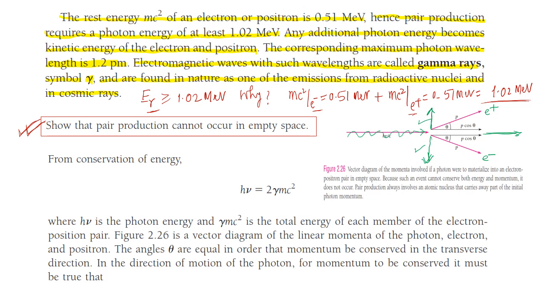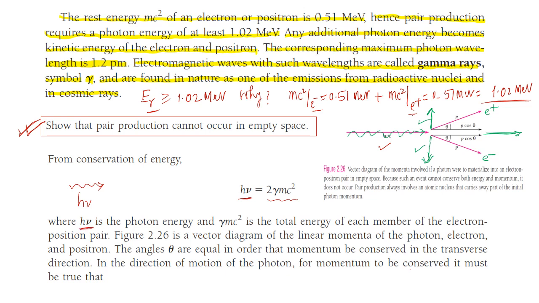From the conservation of energy, we know that h nu is the energy with which the photon is coming. Gamma mc square is the total energy of each member of the electron-positron pair.